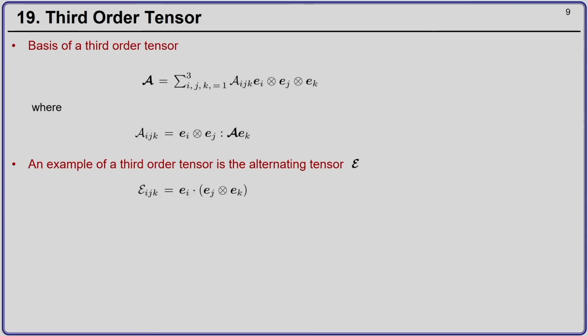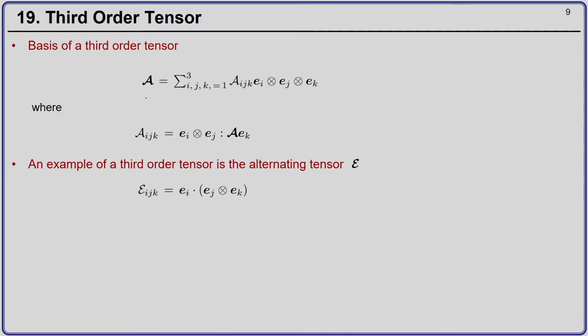Now, just like we had defined a basis for vectors and second order tensors, similarly a basis for a third order tensor is the tensor product of the base vectors e_i, e_j, e_k, and it is written here.